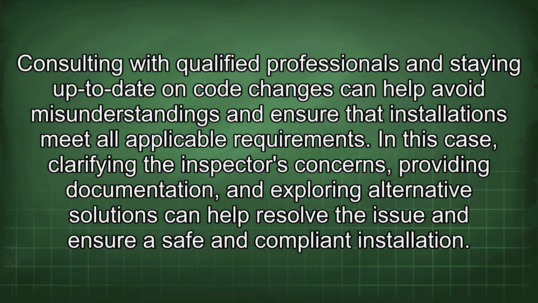Consulting with qualified professionals and staying up to date on code changes can help avoid misunderstandings and ensure that installations meet all applicable requirements. In this case, clarifying the inspector's concerns, providing documentation, and exploring alternative solutions can help resolve the issue and ensure a safe and compliant installation.